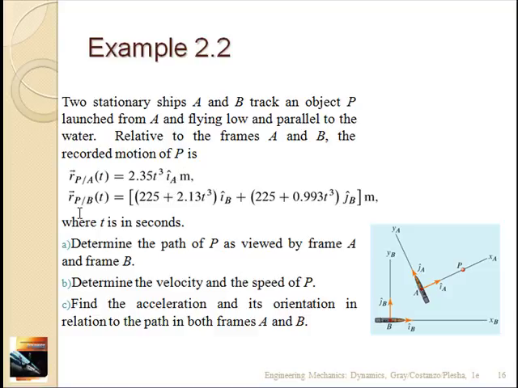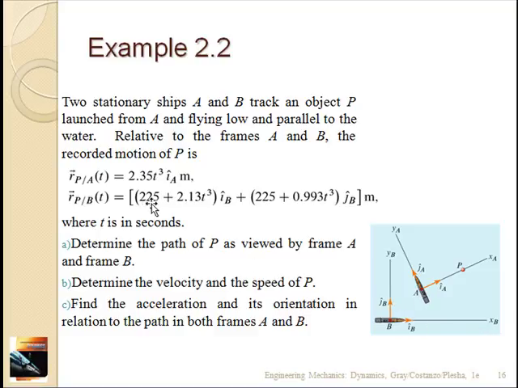Relative to the B coordinate system, this thing is flying at an angle, and in the B coordinate system that position vector has an x component and a y component. In the A coordinate system it only has an x component, but in the B coordinate system it has an x and a y.